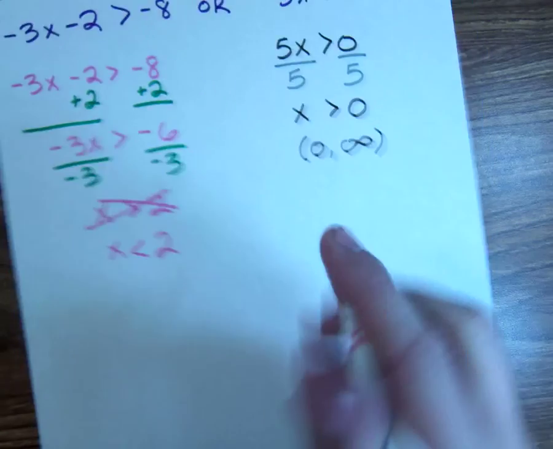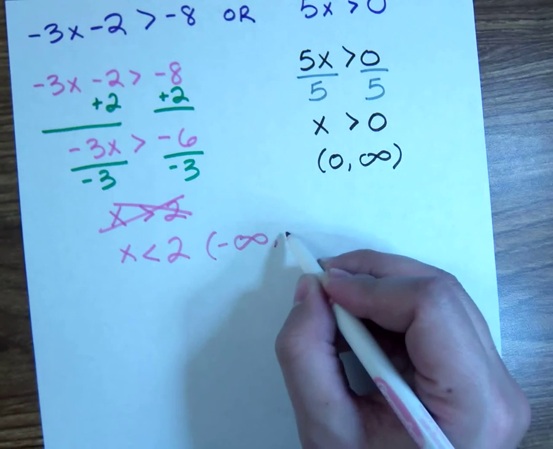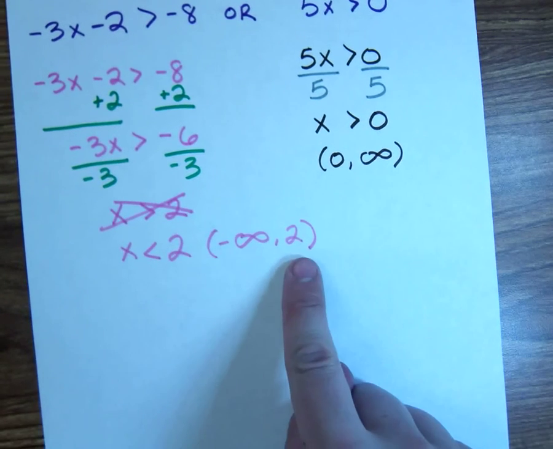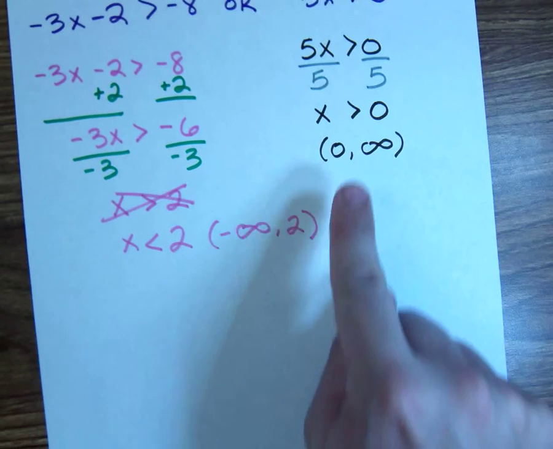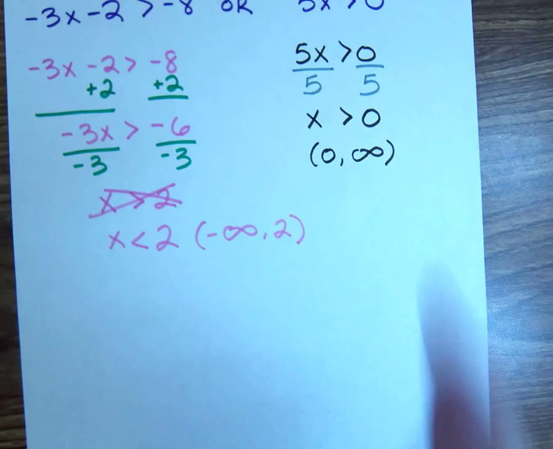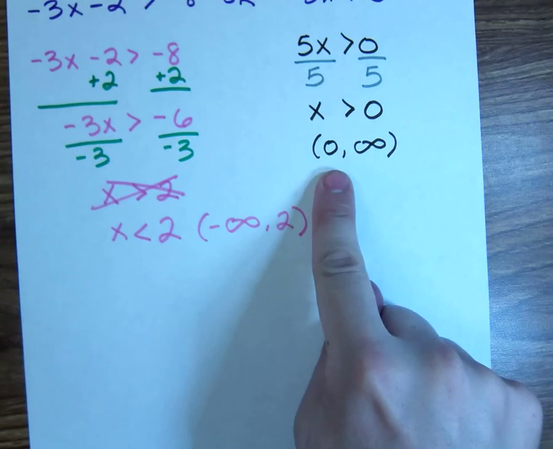X less than 2 means from negative infinity up to 2. So the question is, where do these overlap? This one goes from negative infinity to 2, and then this one picks up at 0 and goes to infinity. There's a gap, not from 0 to 2 though, because this one goes to 2 and this one goes to 0.